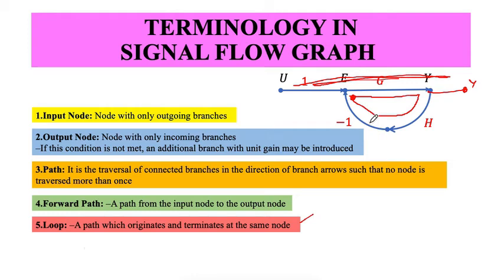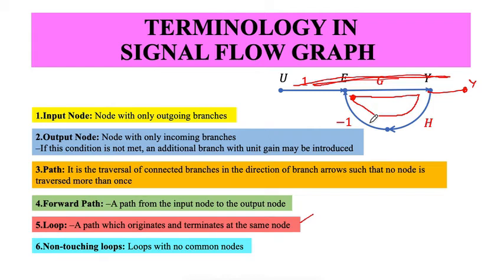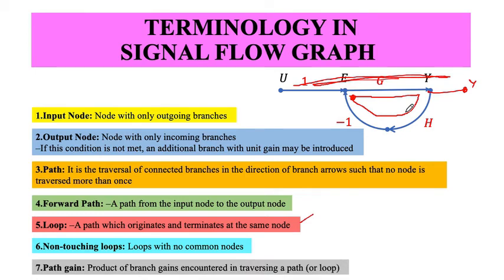The non-touching loops could be loops which have no common nodes. So in the previous example there is no non-touching loop, and then the path gain would be just the product of branch gains encountered in traversing the path or even a loop.